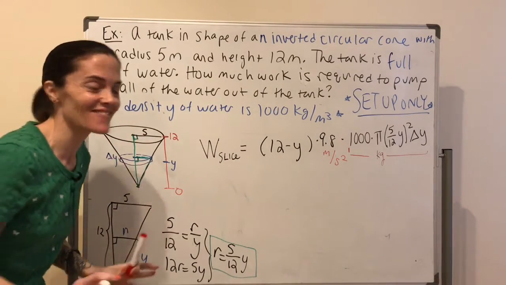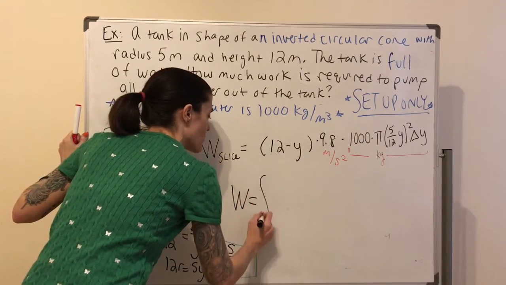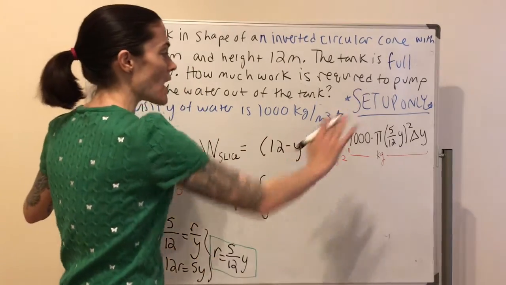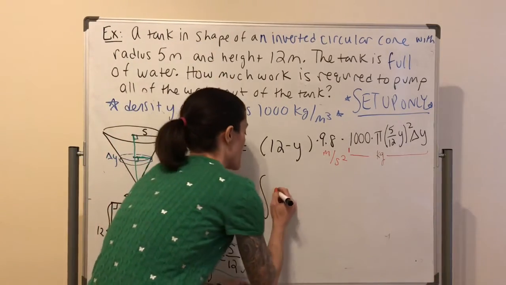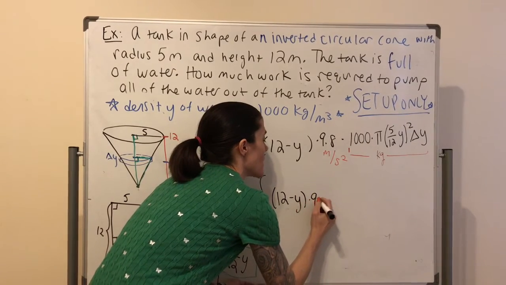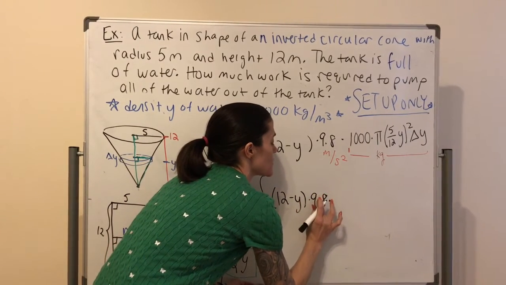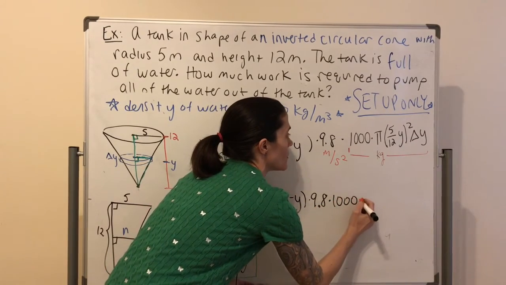And now we can write our general work as an integral. I just write all of this in its corresponding integral form, which is 12 minus y, 9.8. Oops, that's a point, not a times. 1,000.